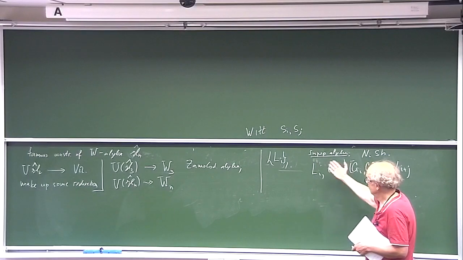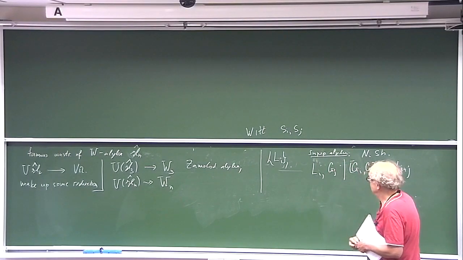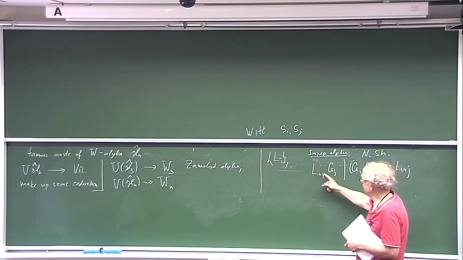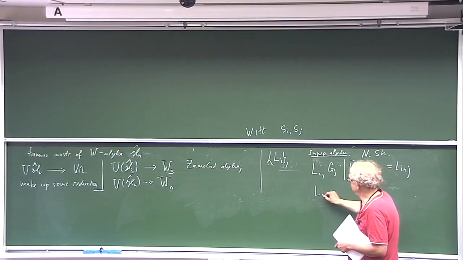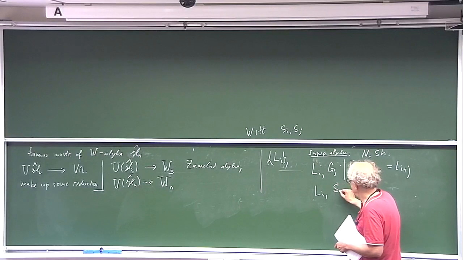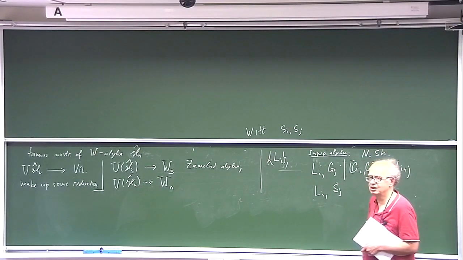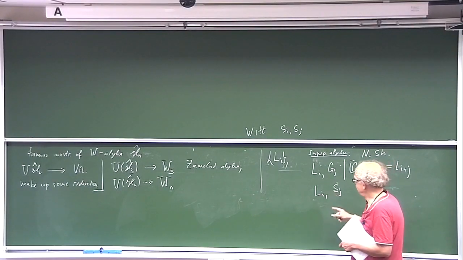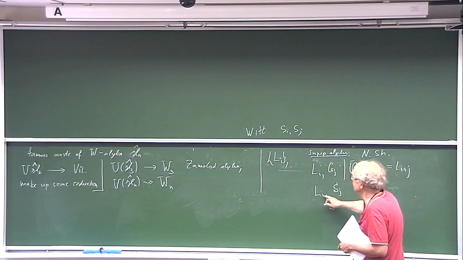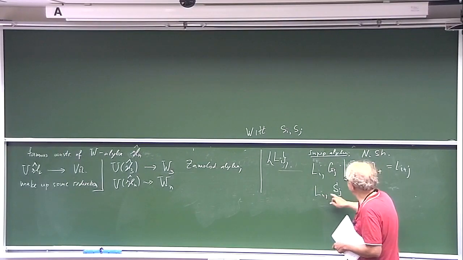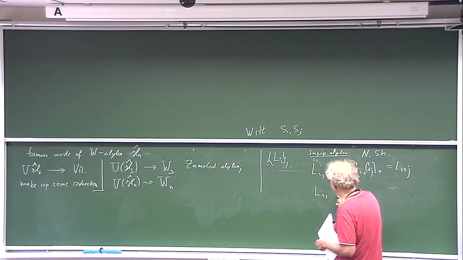And the first example is this. But his question was the following: can we generalize it? Can we just add some generators S_i, which are not odd but even? And he chose these generators for some reason.